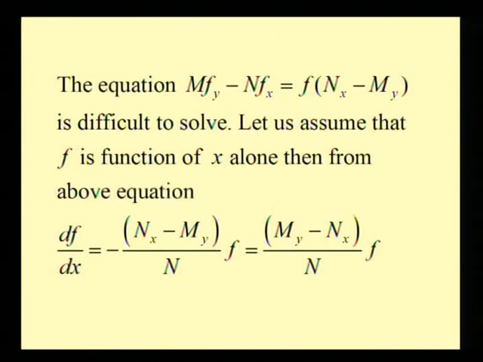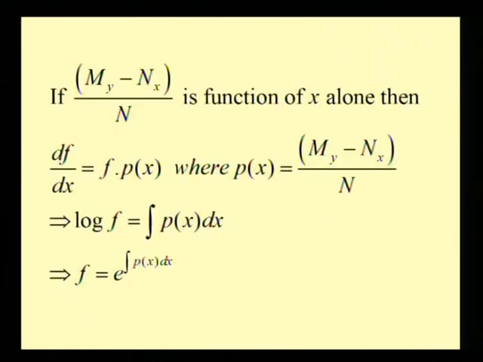This part becomes a function of x only, so we take it as p(x). Therefore df by dx is equal to f into p(x), where p(x) is equal to (M_y minus N_x) upon N.